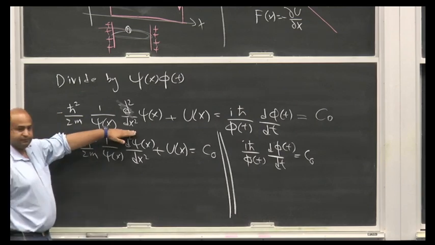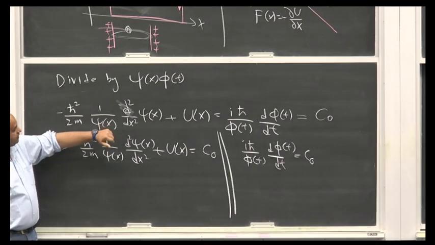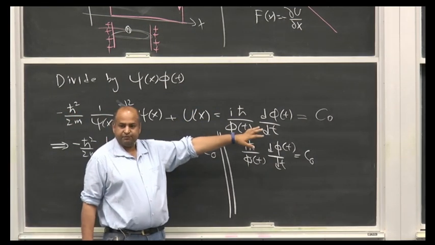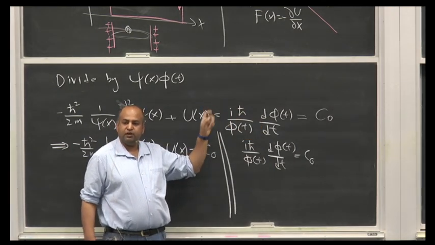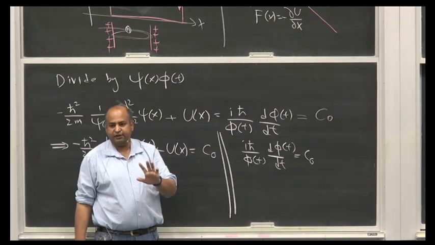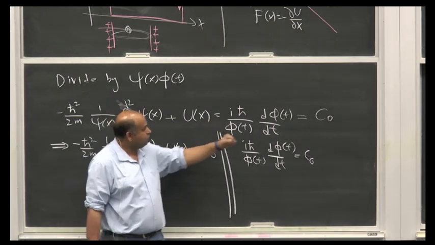Up to here, okay? So the argument is that the left side is a function of some x and that is a function of some time t. So if they both have to be equal for all x and for all t, then there is only one possibility, and that is that they both equal a constant.